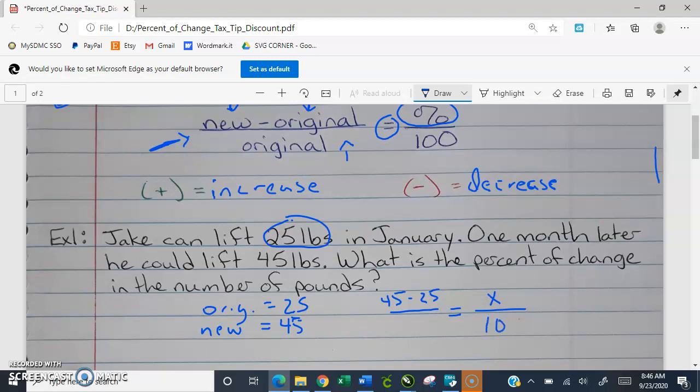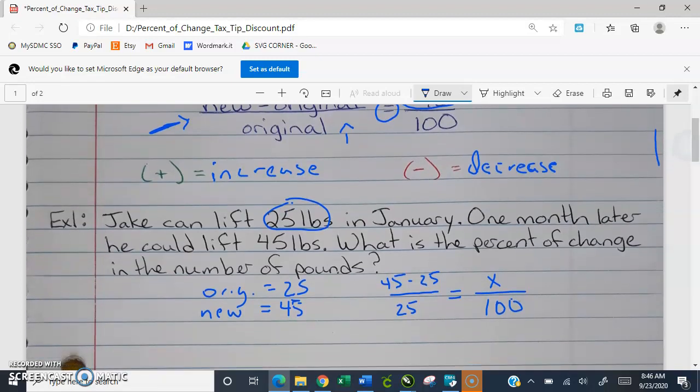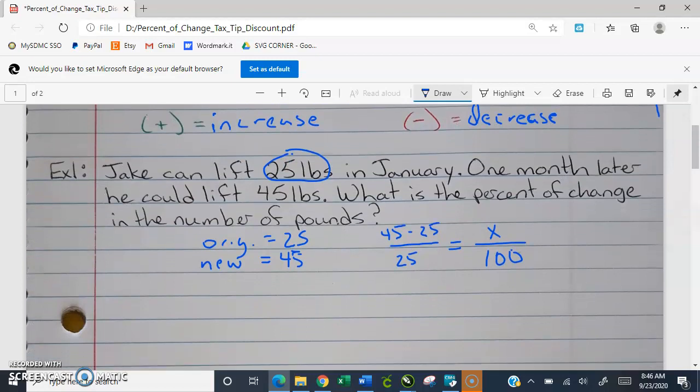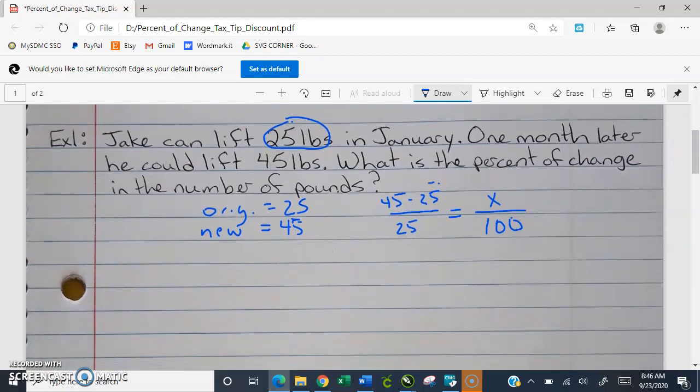This is going to be over 100, and our original, again, is 25. So let me slide down a little bit. And let's do the math problem. We have 45 minus 25. Again, we already said that's 20.